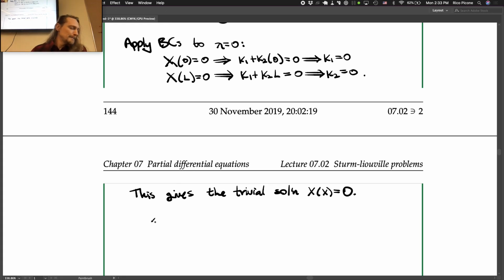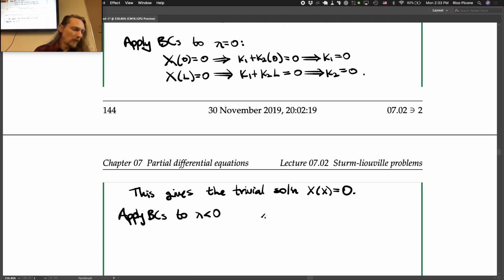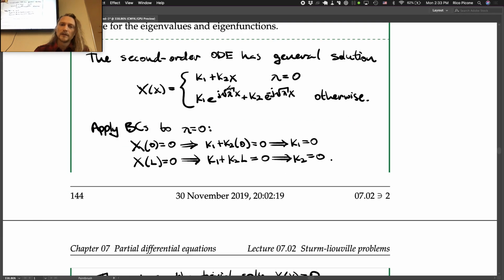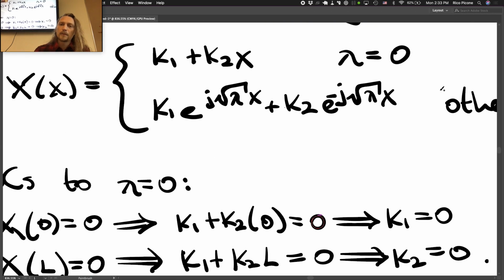Okay. Let's take lambda being negative now. So we'll try applying the boundary conditions to lambda less than 0. If lambda is less than 0, if we look back here, then we're in this row here.